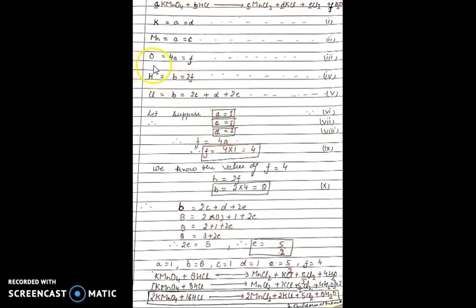Now here O equals 4A equals F. So from here we will take out the value of F. The value of A is 1, we put it here and multiply by 4, so it becomes 4. So we get the value of F as 4.